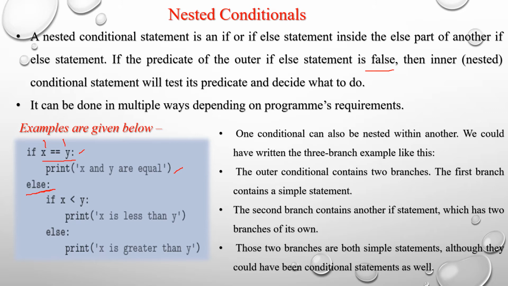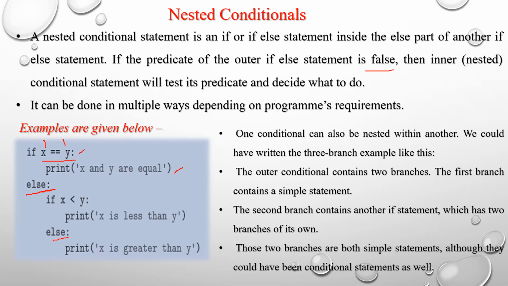Else, again we declare one more condition: if x less than y. So this condition, x less than y, prints x is less than y, else print x is greater than y.